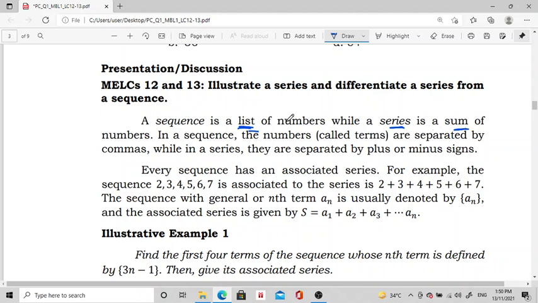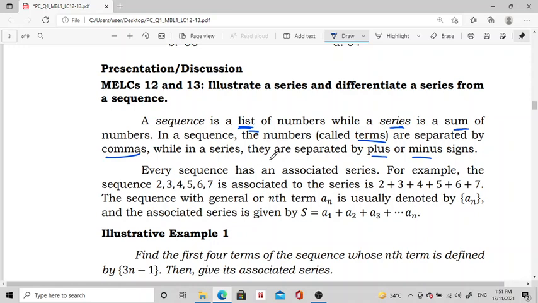And in a sequence or series, we call the numbers terms. And because a sequence is a list, then the terms are separated by commas. While sa series, we use plus or minus signs as our separators.